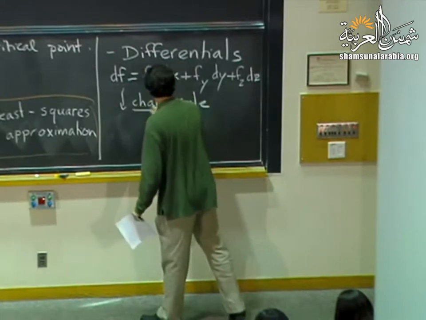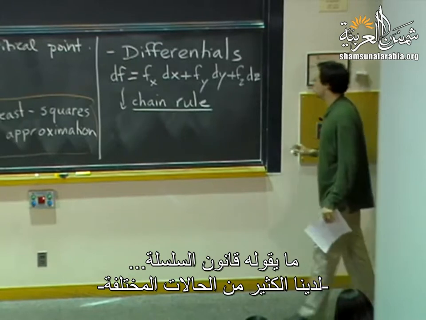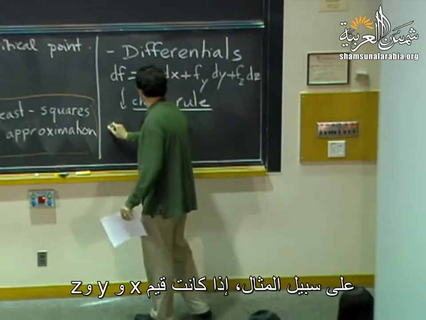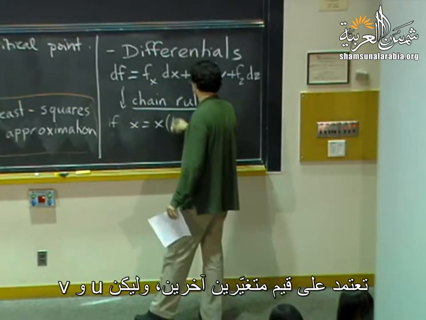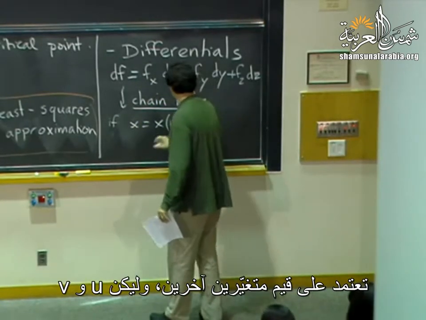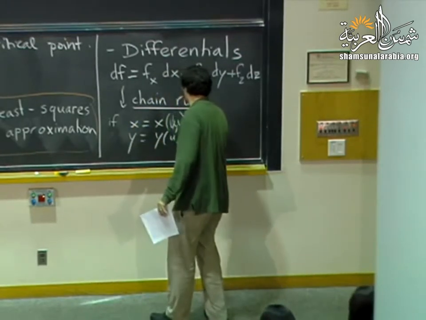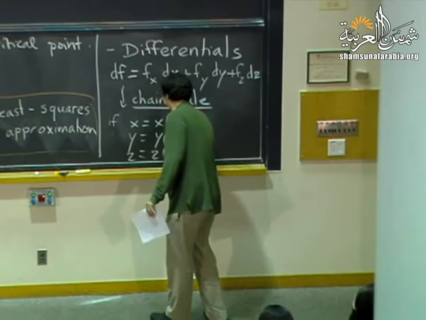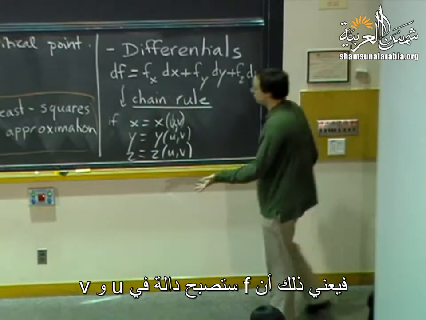So the chain rule says, for example, well, there's many different situations, but for example, if x, y, and z depend on some other variable, say, other variables, maybe even u and v, then that means that f becomes a function of u and v.